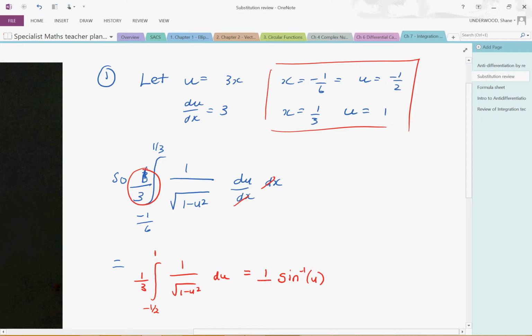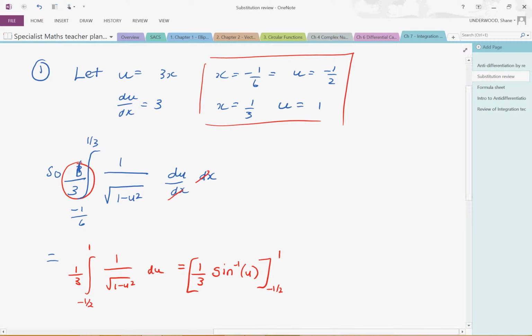So 1/3, and that is from negative a half to 1. Now we just sub in our terminals, so inverse sine of 1 is pi on 2. So we've got pi on 6 minus a third inverse sine of a half, negative a half.